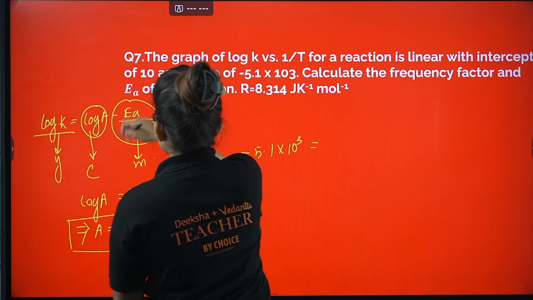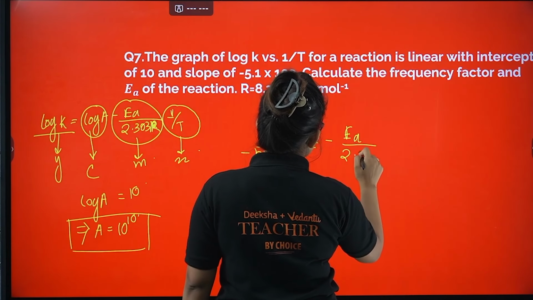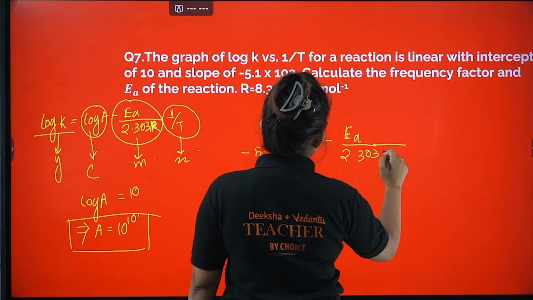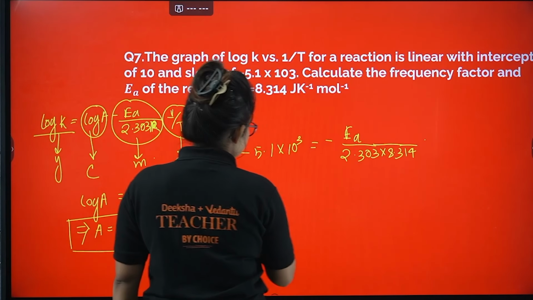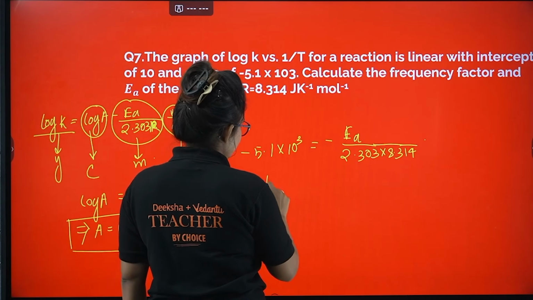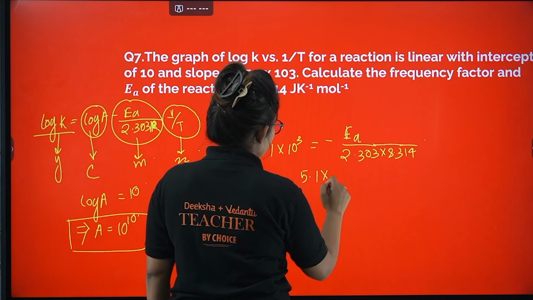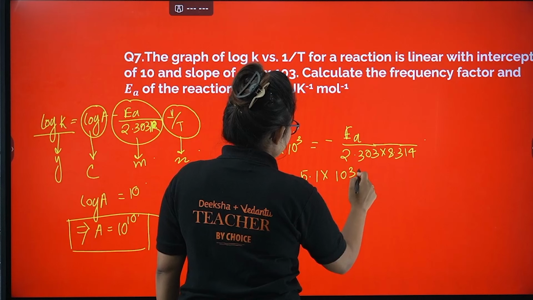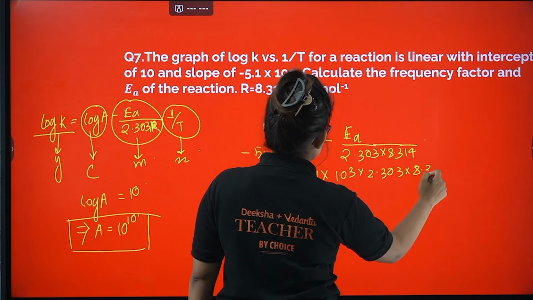That is equal to minus EA by 2.303 into R, meaning 8.314, right? If you calculate this, minus will cancel out. So EA equals 5.1 into 10 cube into 2.303 into 8.314.